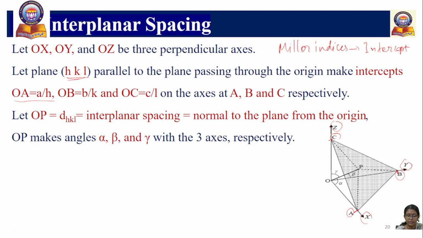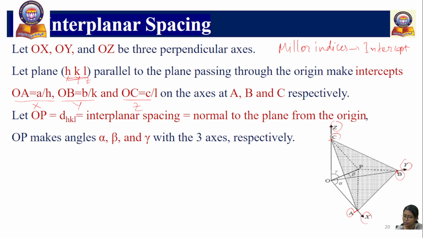What is the intercept along the x-axis then? A by H, because H is along X, K is along Y, L is along Z. What is the intercept along the y-axis? B by K. What is the intercept along the z-axis? C by L. Okay, so now we know the intercepts of the plane ABC.